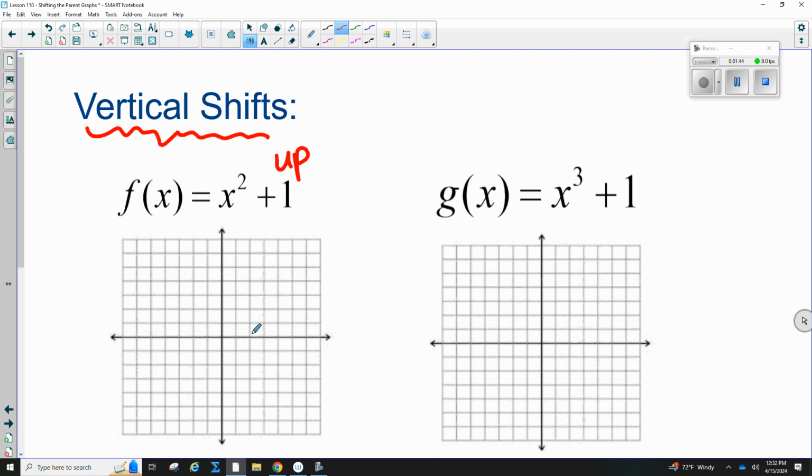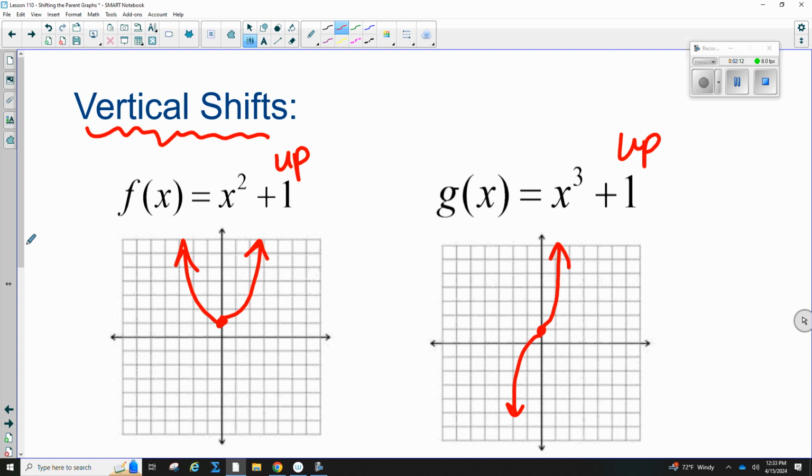So I have x squared, the parabola, and I'm going to shift it up 1 and draw a graph. Then I've got this x cubed graph, and I'm going to shift it up 1 because it's positive. So you put a point up here, and then you rise right and fall left. So I'm shifting it from the origin, from 0, 0, up 1, okay?